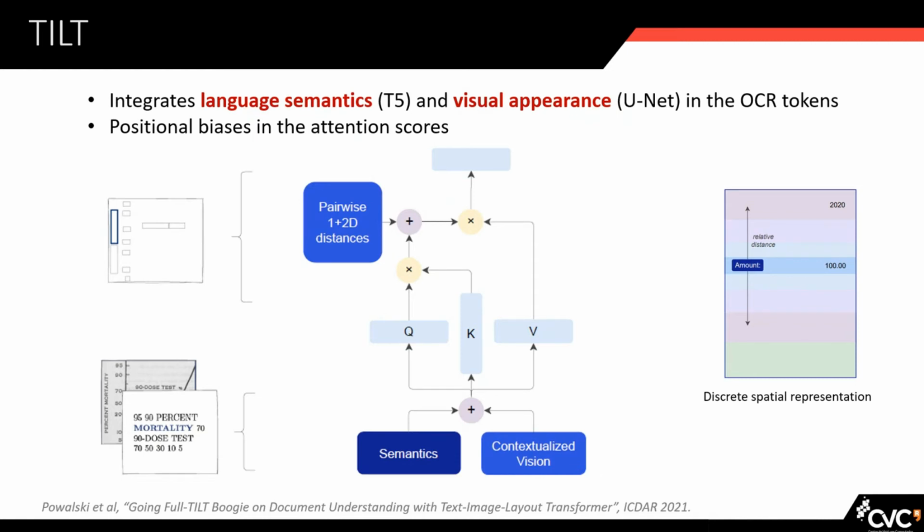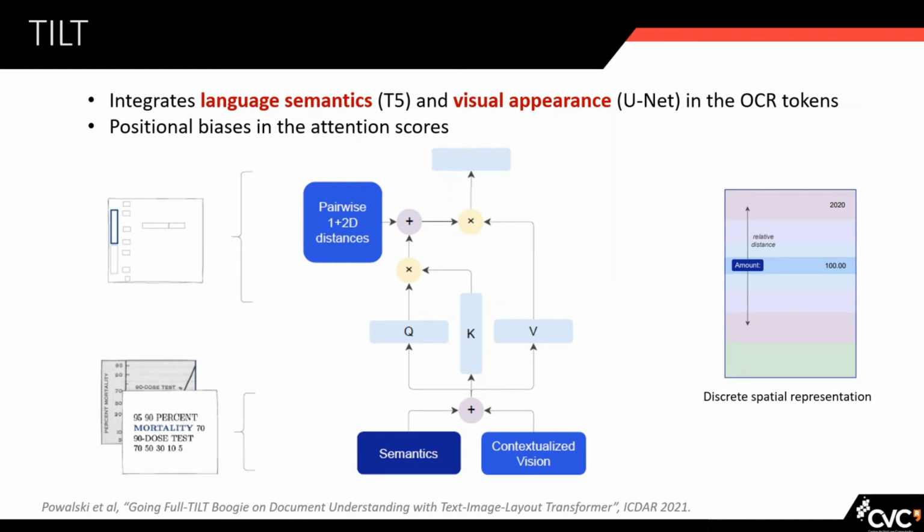In addition, they use contextualized visual embeddings. They use a UNet, which provides access to the nearby neighbor visual information, but also to more distant regions of the page, which is quite important because, for example, the description of an image might not be really close to the corresponding image.